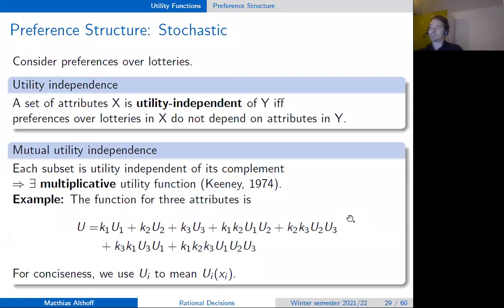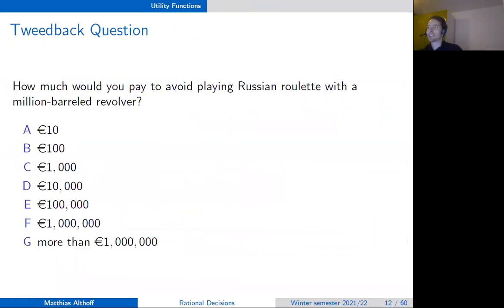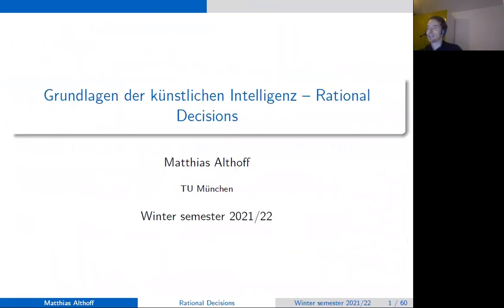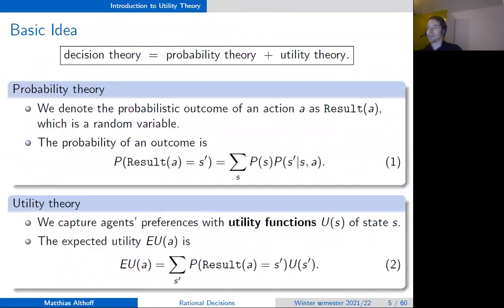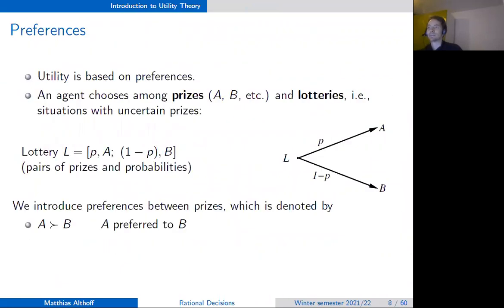Okay, so now again, the difference between stochastic and deterministic preference structures. Just to make sure, although we discussed this at the very beginning, just so that everybody's on the same page, I think everybody remembers, but what is the difference between a prize and a lottery?